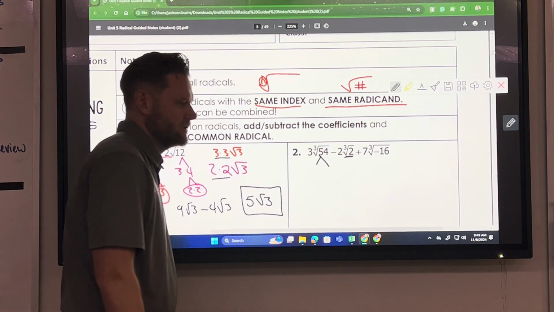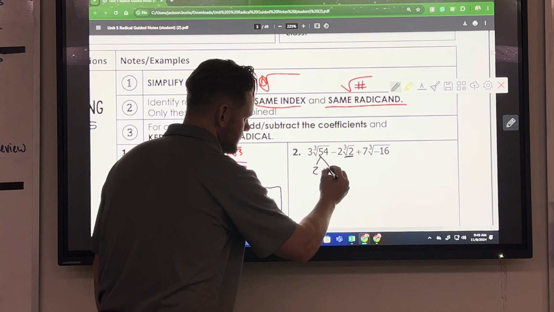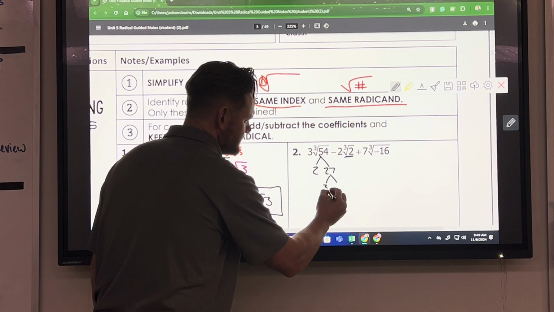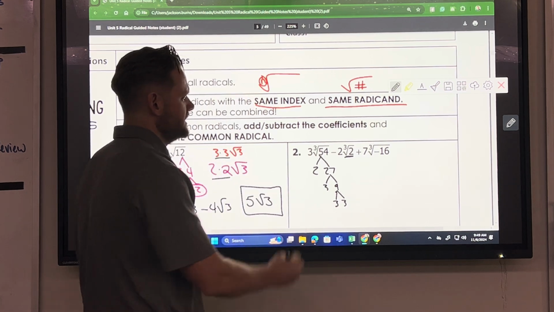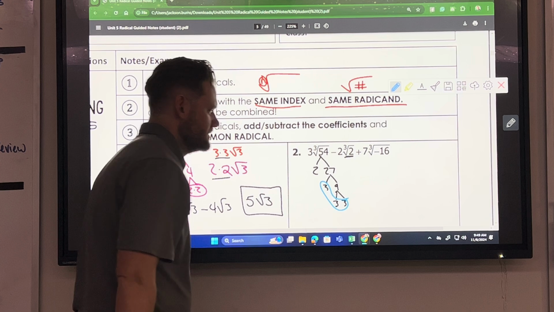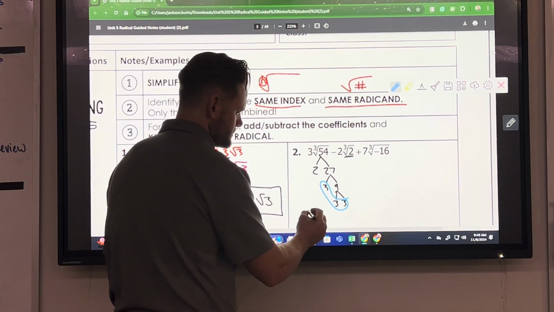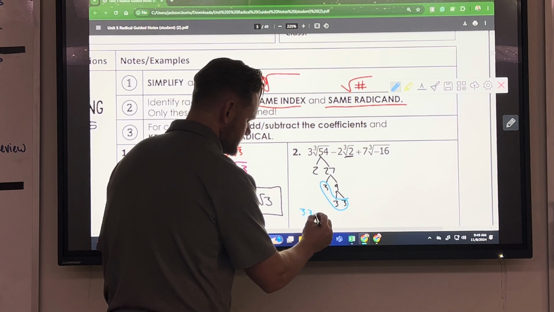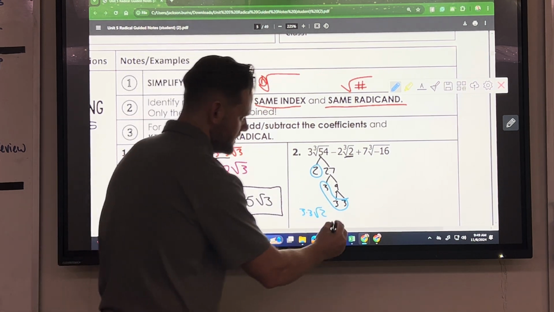So start working on 54. All right, well 54 is just 2 times 27. 27 is 3 times 9. And 9 is 3 times 3. It has an index of 3, so I'm looking for triples. So I can take those 3's out. So this becomes 3 times 3. And I'm left with that cubed root of 2.